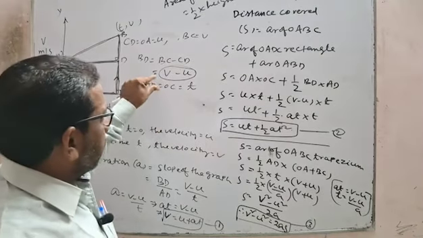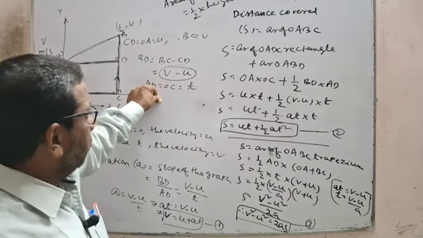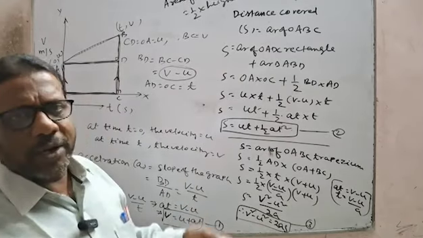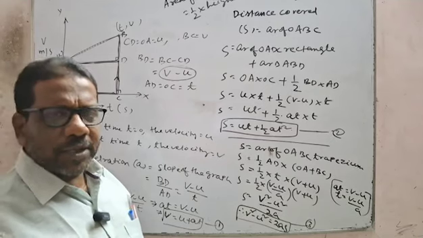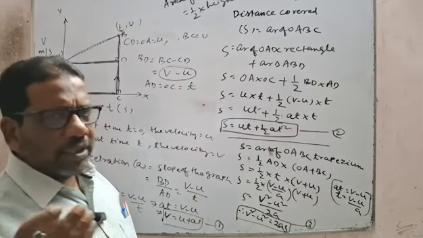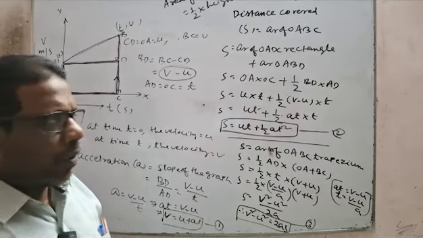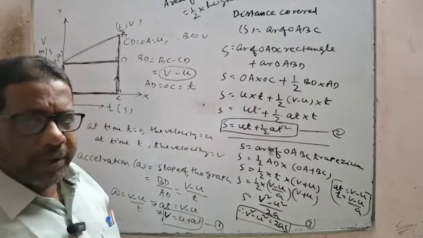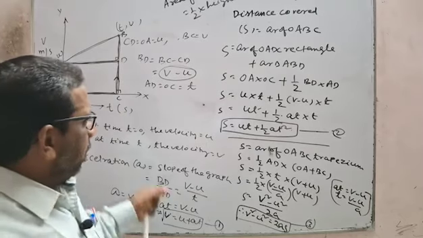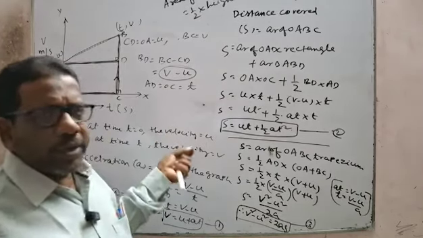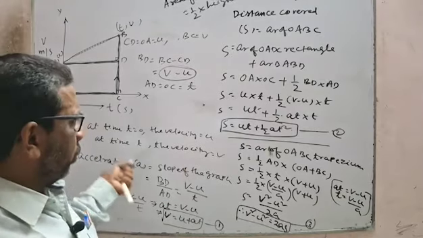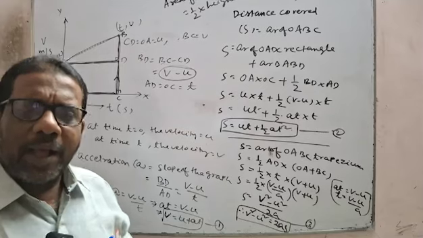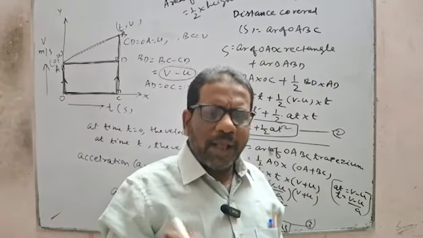In this chapter, we now know rest and motion, distance, displacement, scalar and vector quantities, average speed, the d-t graph, the v-t graph, and how we can derive the equations of motion from the graph.